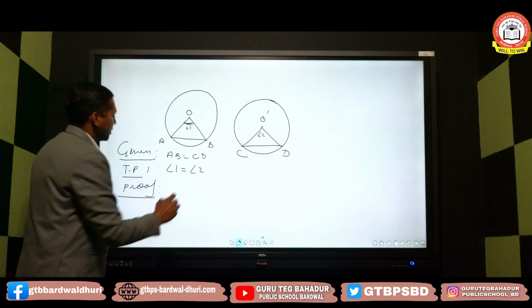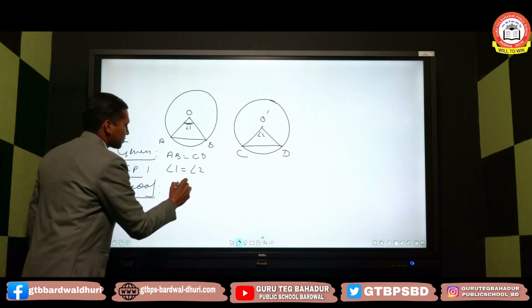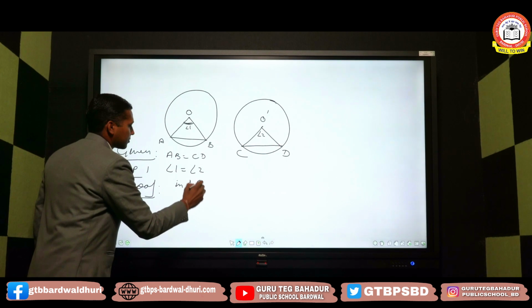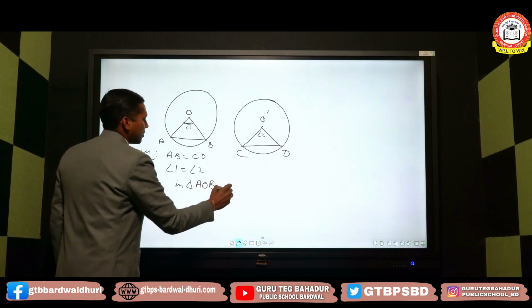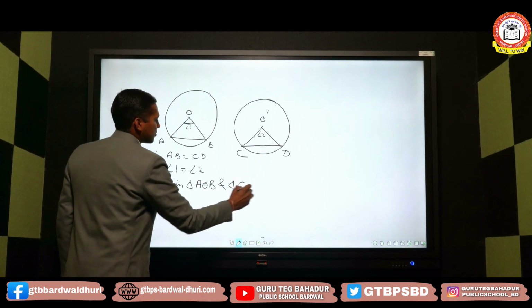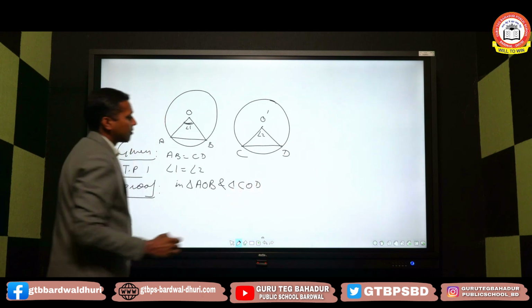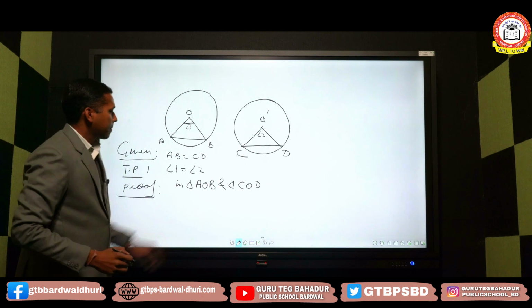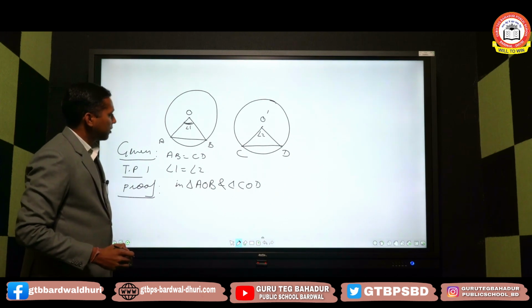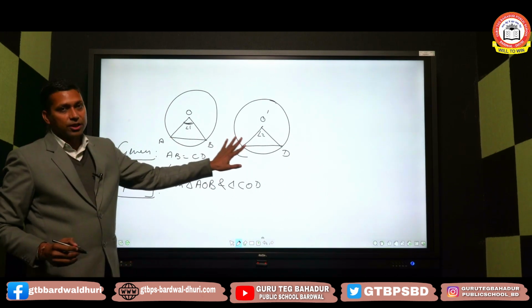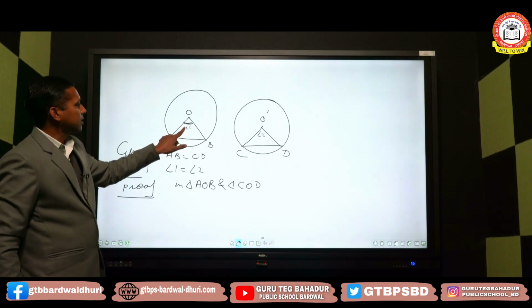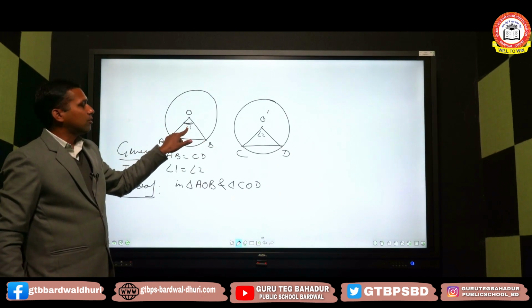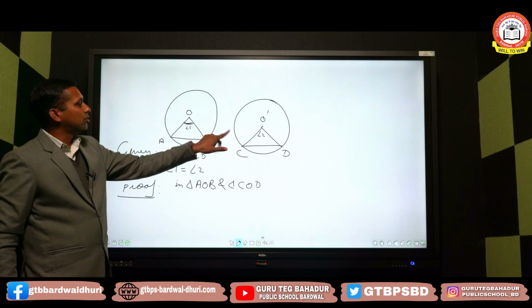In triangle AOB and triangle COD, by using a congruence rule, if we prove these two triangles congruent, then easily we can say the corresponding angles are equal, therefore angle 1 is equal to angle 2.